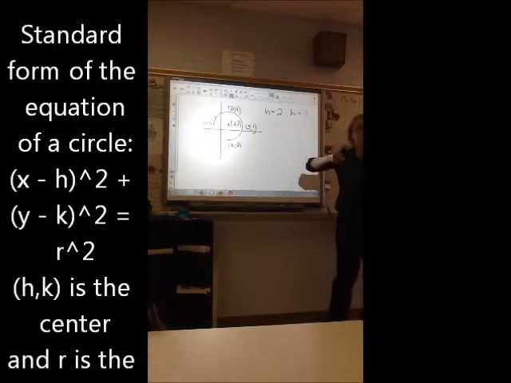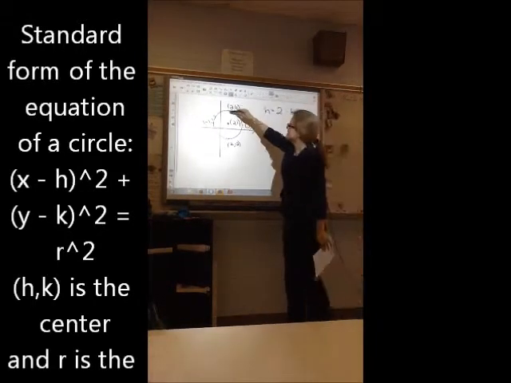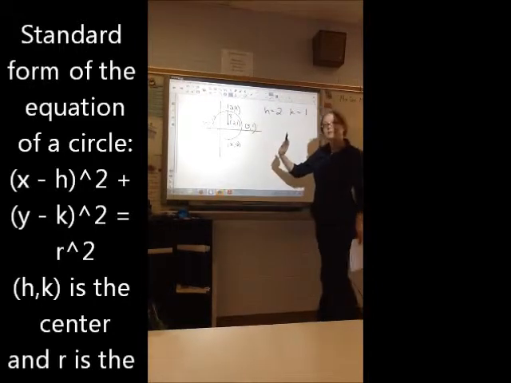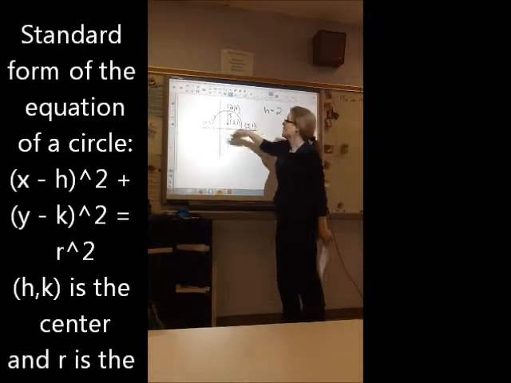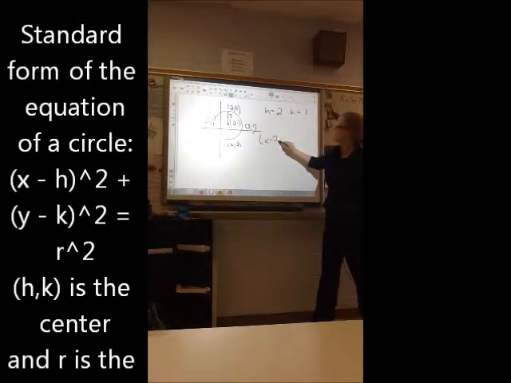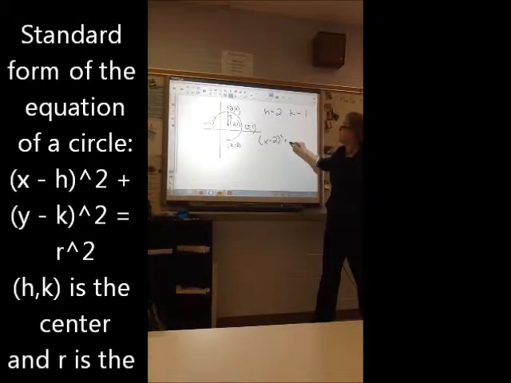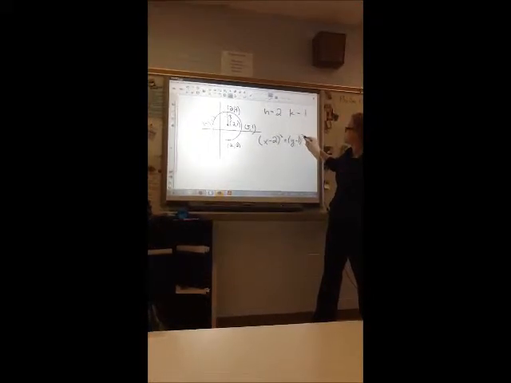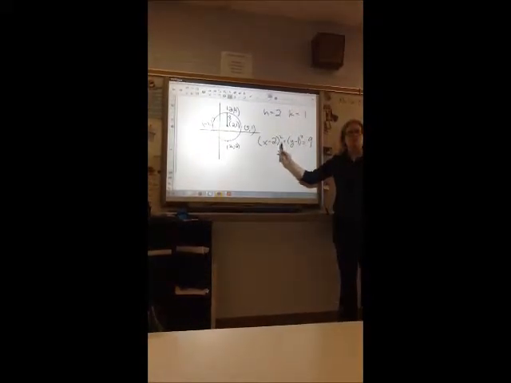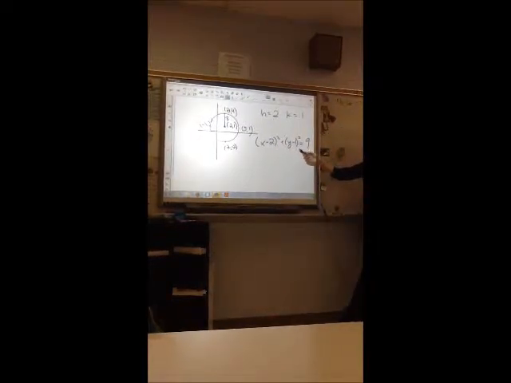And k would be 1. The radius is 3. So I have all the information necessary to write the equation of that circle: (x minus 2) squared plus (y minus 1) squared equals 9.